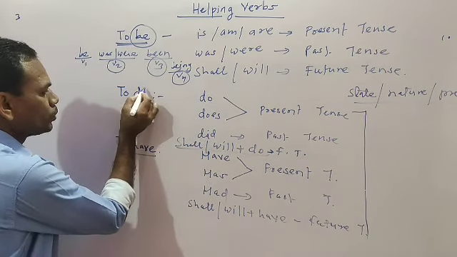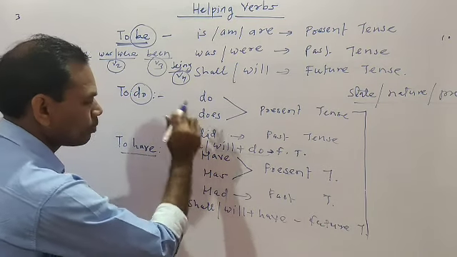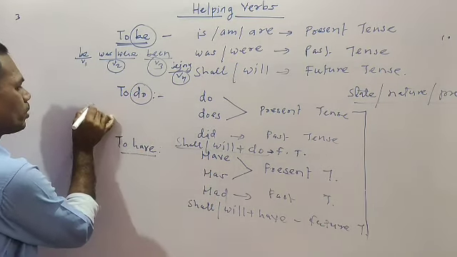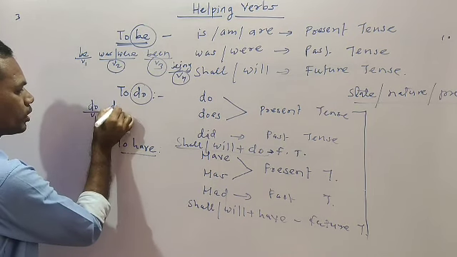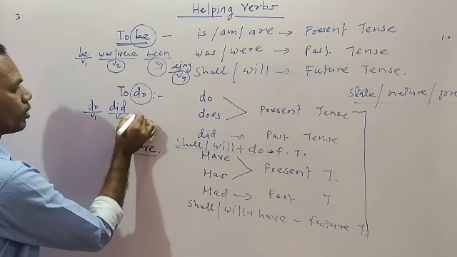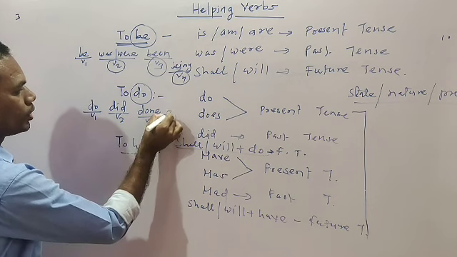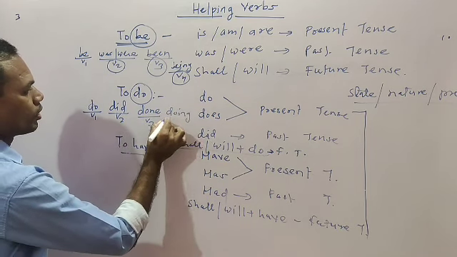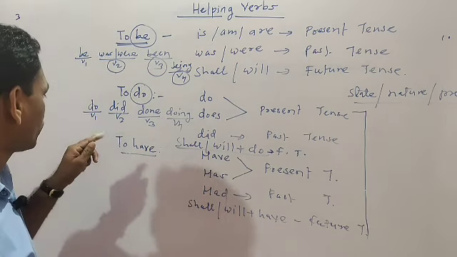So then, to do. Do is also a main verb. Do is also a helping form. For example, do, basic form of the verb. Did, past tense. Done, past participle. And doing, this is the present participle, right?